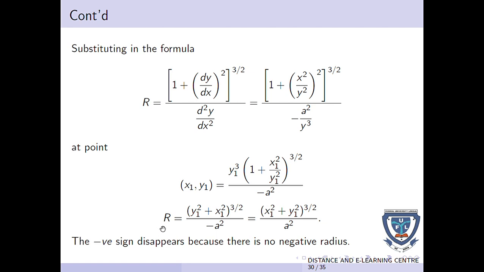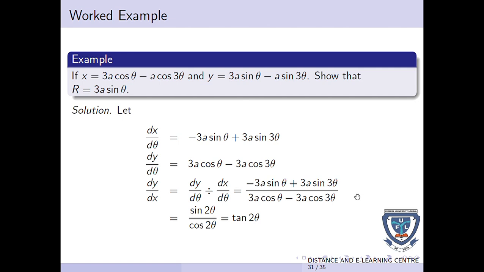Now your r, simplifying further, will give us (x1 squared plus y1 squared) raised to power 3 over 2 all over a squared. The negative sign disappears because there is no negative radius. Let's look at another worked example.